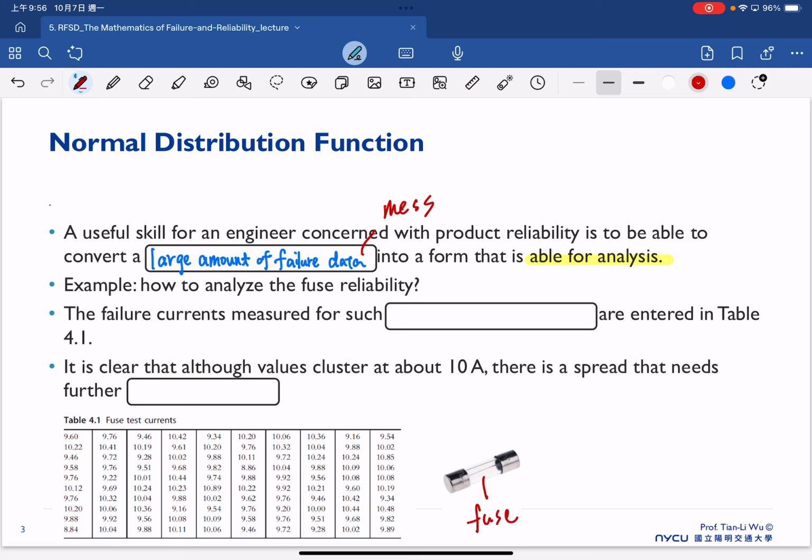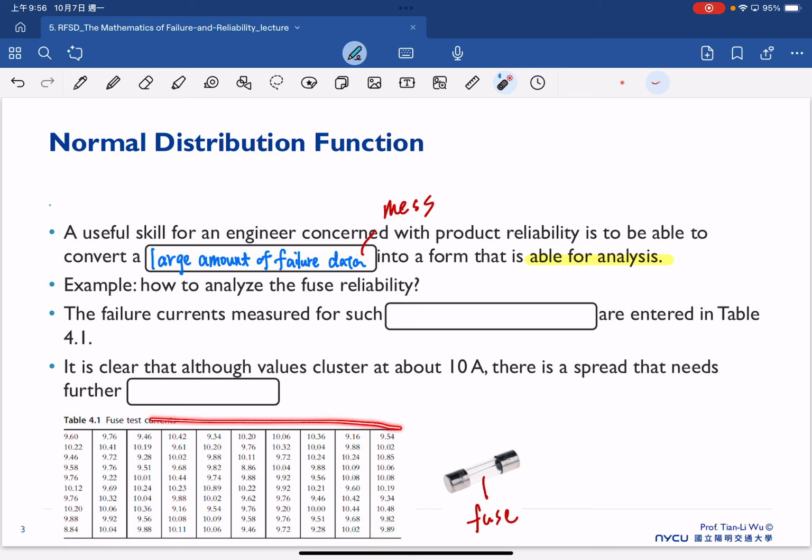The typical way we analyze the fuse is, for example, with a fuse test current. We test the fuse until it completely breaks, and this is the current. The first current we test until failure is 9.6, the second one is 10.22, the third one is 9.46, and the last one is 9.89.